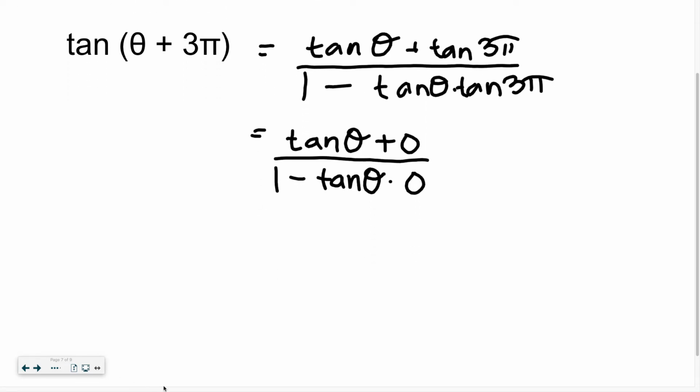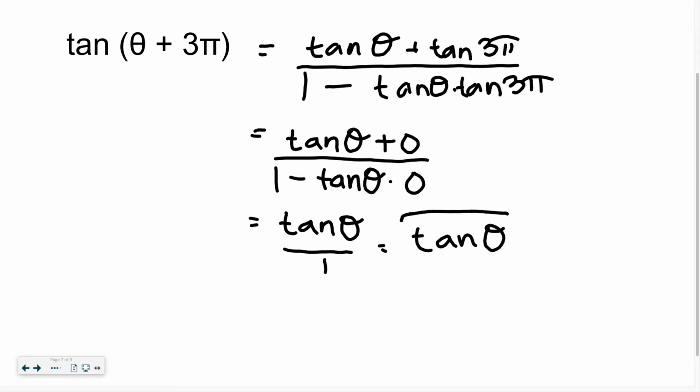And then I suppose I can clean that up. That's just tangent theta over 1, which is tangent theta. This will be 1 minus 0 in the end. 0 times tangent theta is 0.